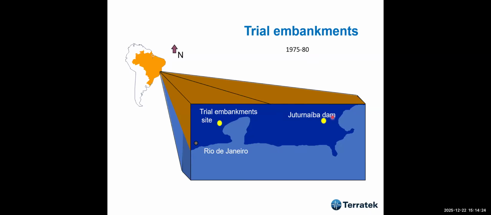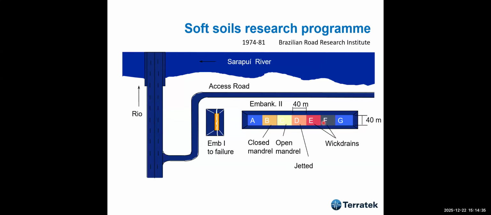And then we applied the same technology to Tunaíba Dam, which is 100 kilometers north of Rio. This is the Brazilian Road Research Institute, RRI, in which I worked from 1974 to 81. And it's about 30 kilometers from Rio, so not very far.